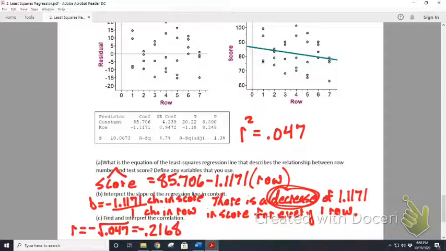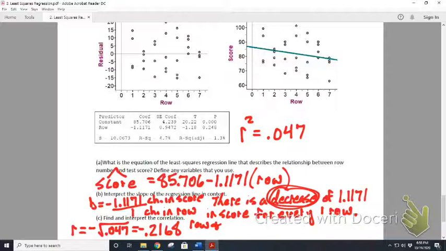Back in Algebra 2, when you say plus or minus, we have to ask ourselves, okay, we just created the square root sign. Is it a positive or a negative? In this case, it's a negative relationship, so make sure you write negative. So on the quiz last week, hopefully you said something like: row and score have a negative, moderate, linear correlation.